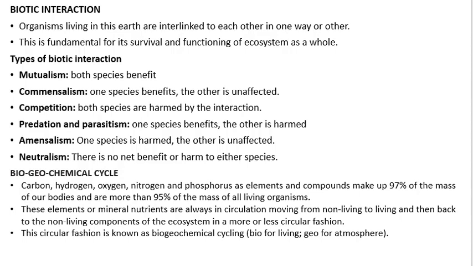These elements or mineral nutrients are always in circulation, moving from living to non-living components of the ecosystem in a more or less circular fashion. This circular fashion is known as biogeochemical cycling, where bio stands for living and geo stands for atmosphere.